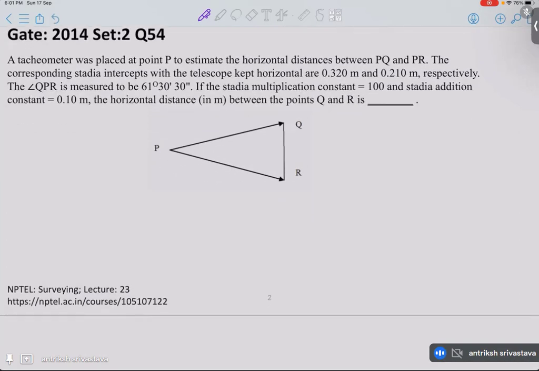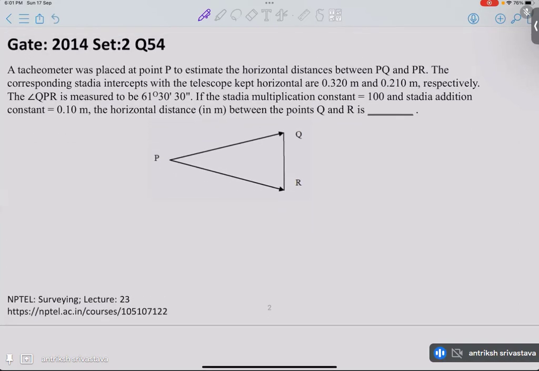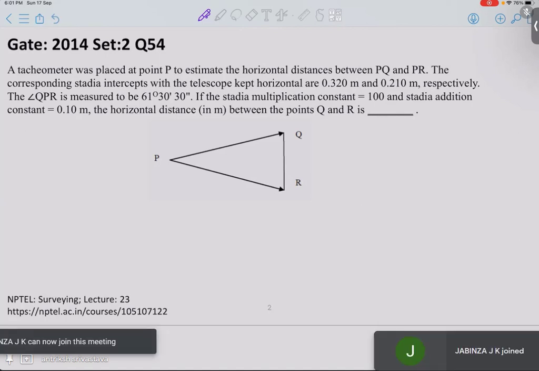So the first question, GATE 2014 set 2, question number 54. A tachometer was placed at a point P to estimate the horizontal distance between PQ and PR. The corresponding stadia intercept with the telescope kept horizontal are 0.32 meters and 0.21 meters respectively.